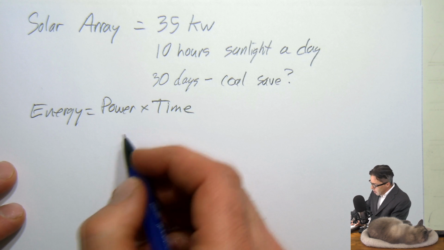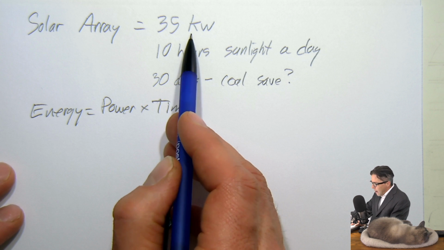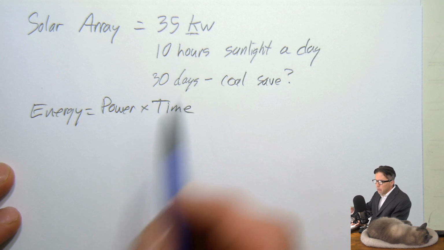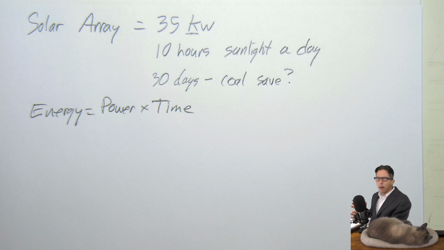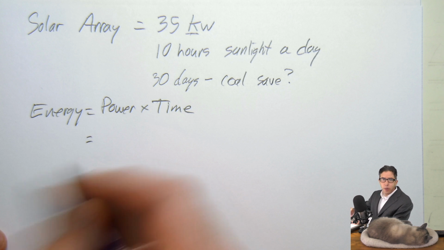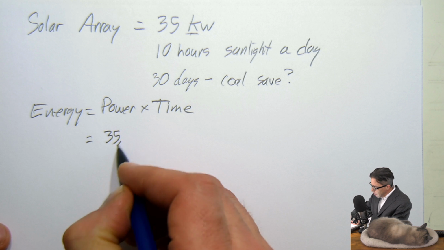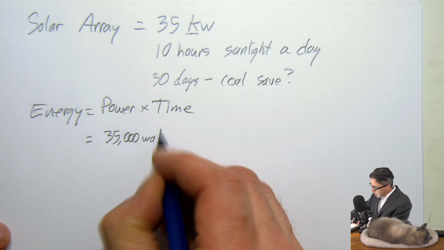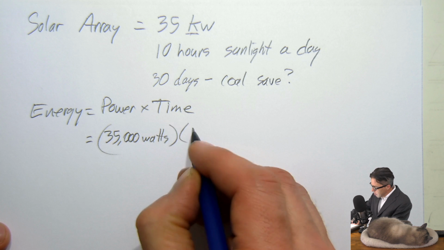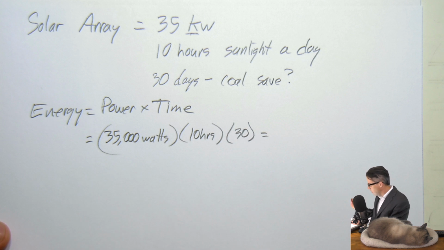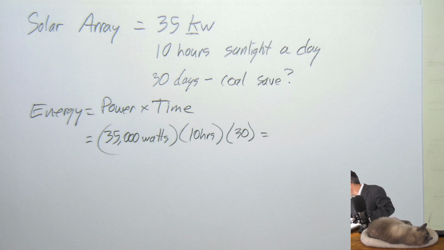Again, now here's this K. We had to deal with this in the aluminum problem. It's best to get rid of the K and work out the problem, and then convert to kilowatt hours at the end. So here's what I mean by that. K means 1,000, right? So 35 kilowatts is the same thing as 35,000 watts times 10 hours times 30 days. So I'm going to do that math.